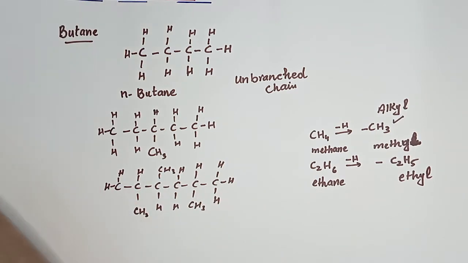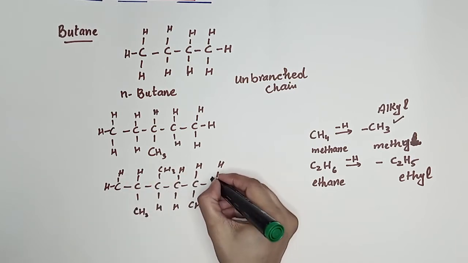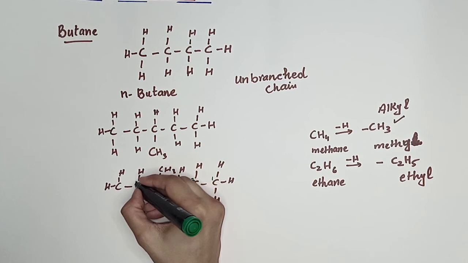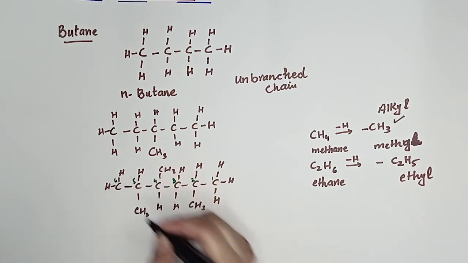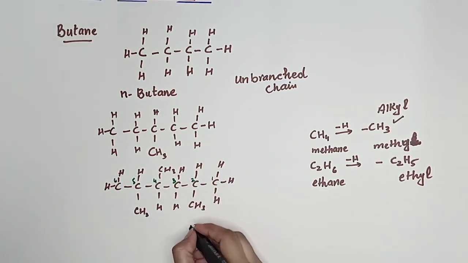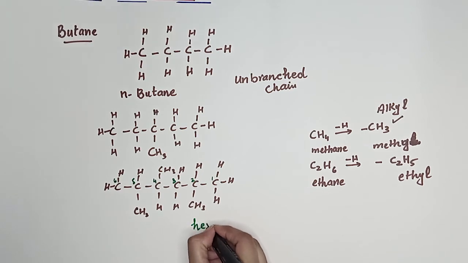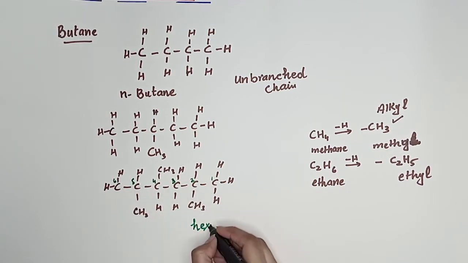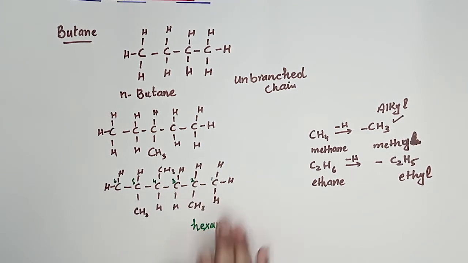So we will start counting from either side. 1, 2, 3, 4, 5, and 6. We have six, hex. We have 6 single covalent bonds, so the family is alkane. We have hexane in this straight chain.